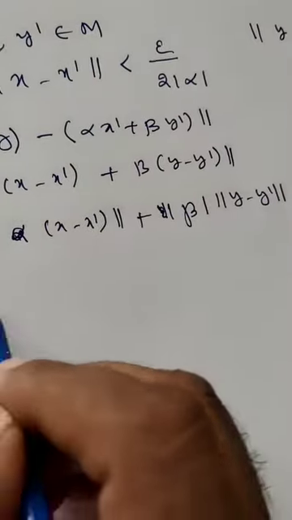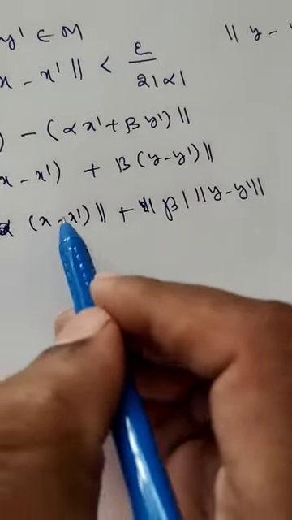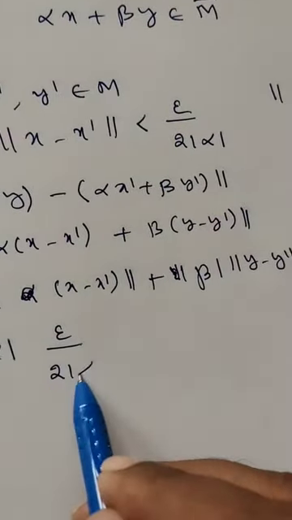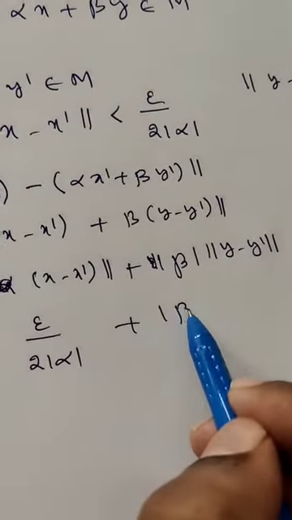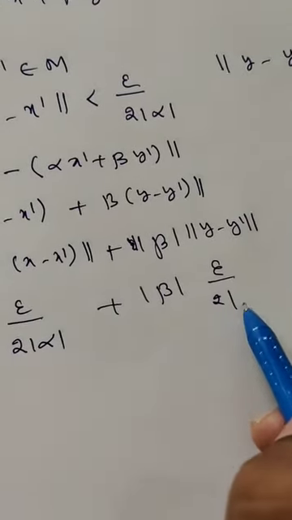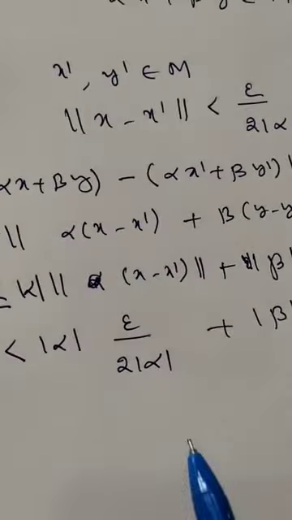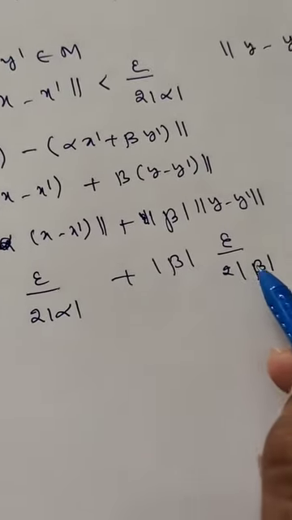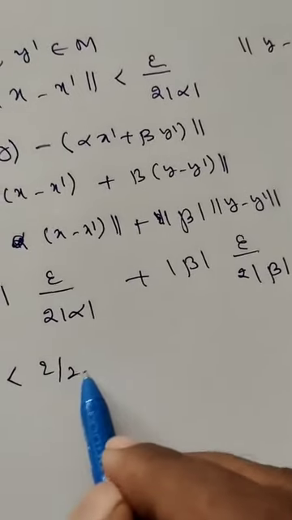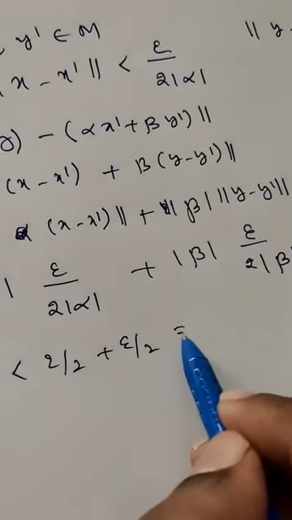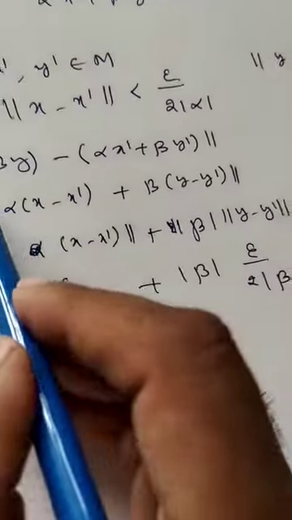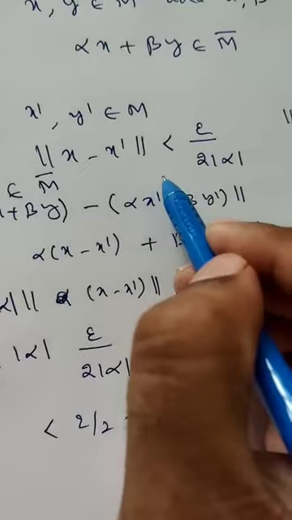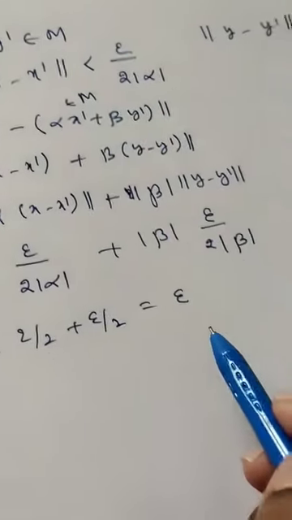This is less than mod alpha into, what is norm of X minus X dash? It is less than epsilon by 2 times mod alpha, plus mod beta into epsilon by 2 times mod beta. So this gives, mod alpha gets cancelled, mod beta gets cancelled. This is less than epsilon by 2 plus epsilon by 2, that's equal to epsilon. Means the distance between the element of M bar and the element of M is less than epsilon.